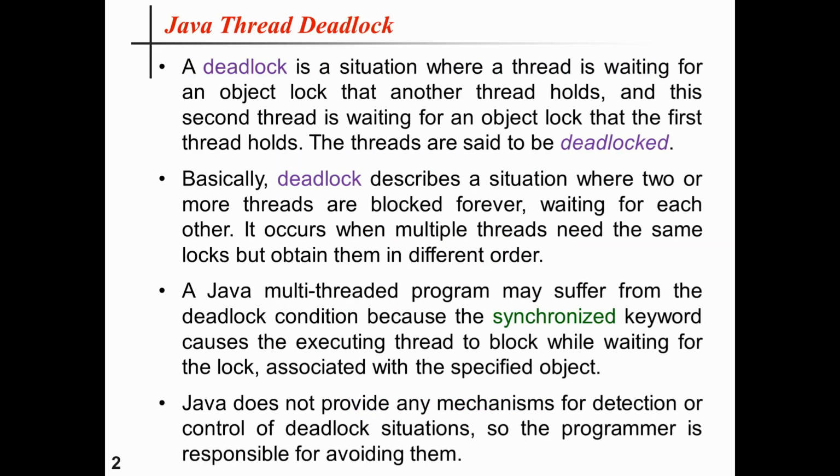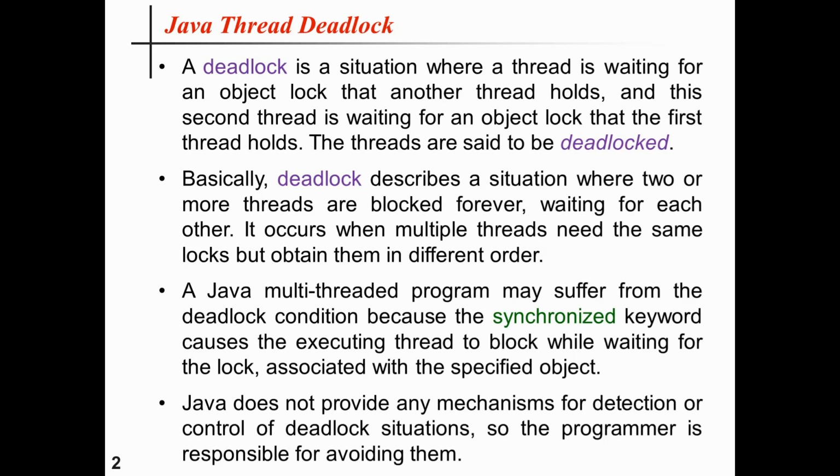A deadlock in Java is a situation where a thread is waiting for an object lock that another thread holds, and this second thread is waiting for an object lock that the first thread holds.